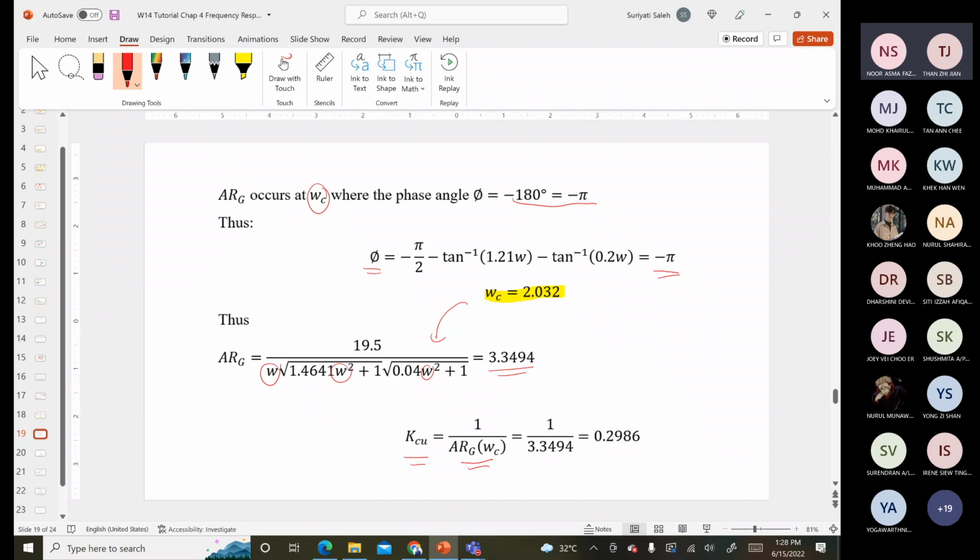Here, this does not reflect ARG multiplied with the WC. This refers to the ARG at WC, which is 3.3494. So KCU equals 1 over 3.3494, which gives 0.2986. So this is the value of your KCU.